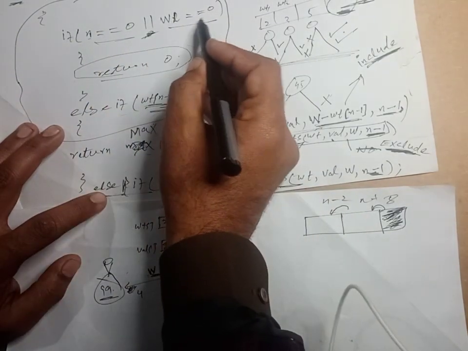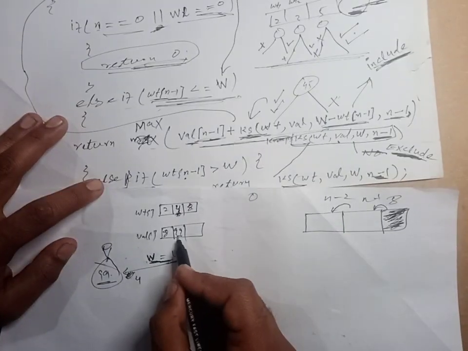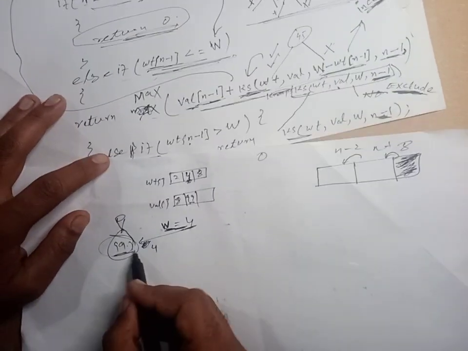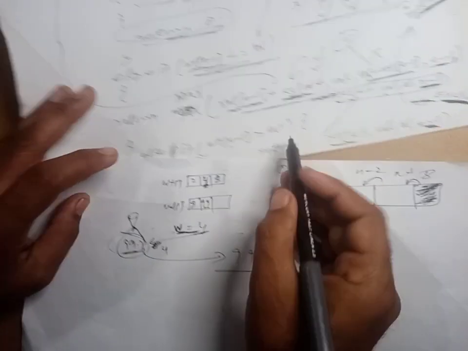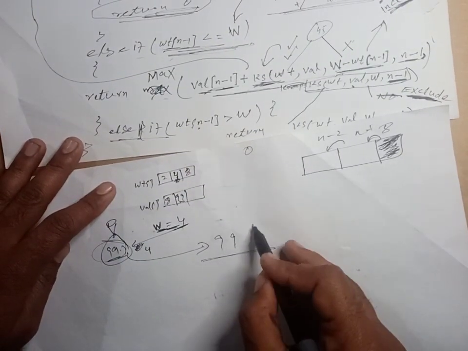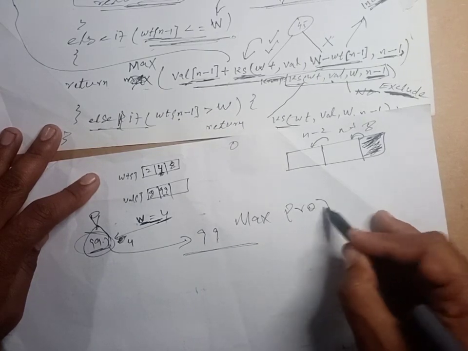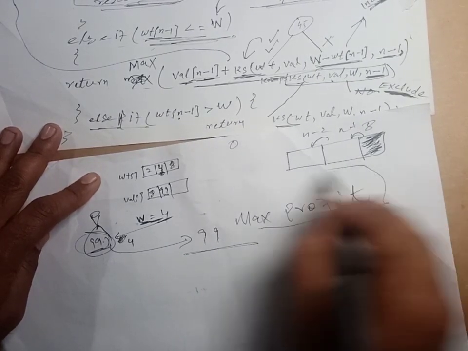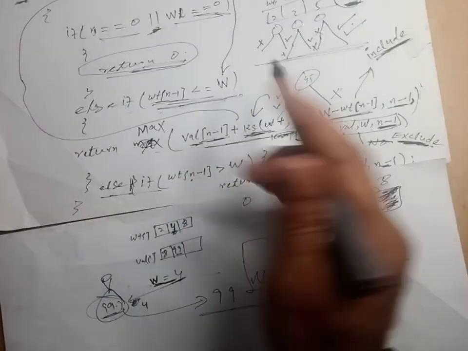No, weight is equal to 0, yes, so it returns the result. So the maximum price returned, it was quite an easy example, was 99. So this is the basic code for the maximum profit achievement, the maximum profit achieved by the recursive calls.